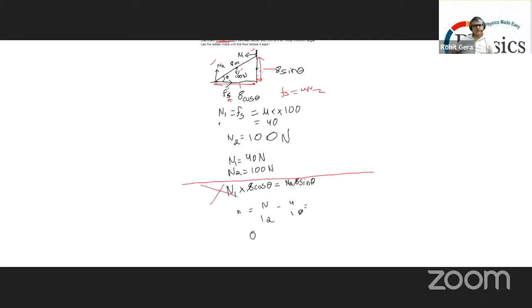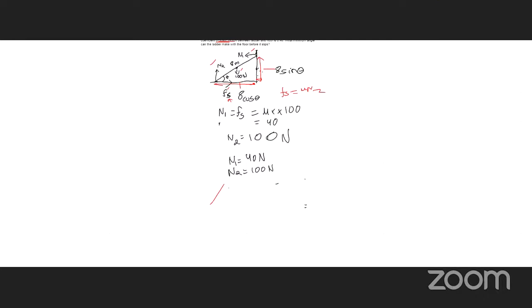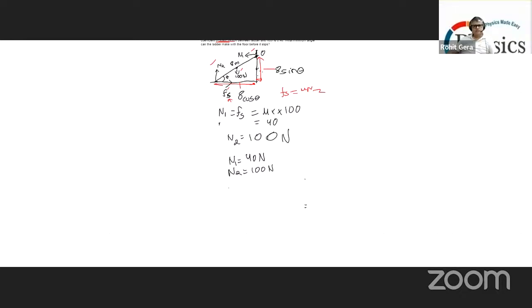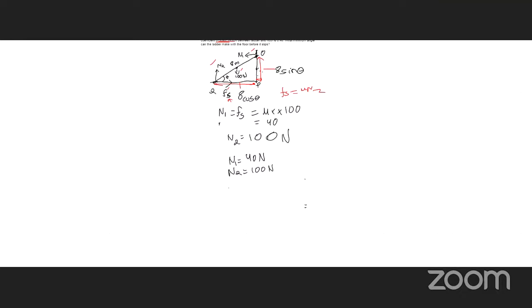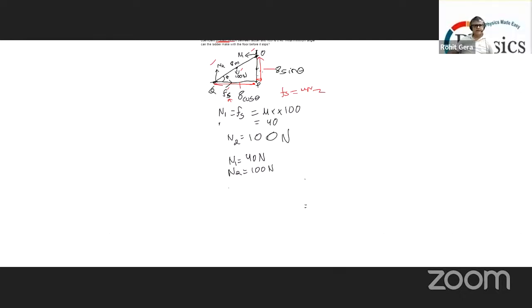You have not written which point the torque is being considered about. Sir, I am taking it about this point O. Torque about point O. Okay, that is 8 sin theta.